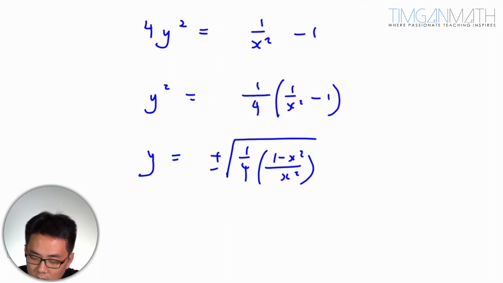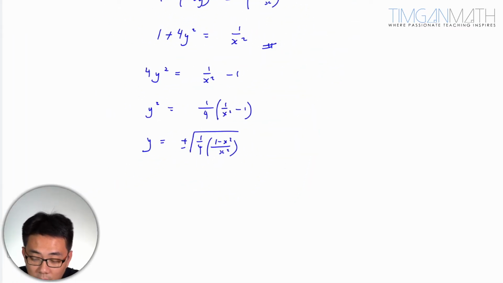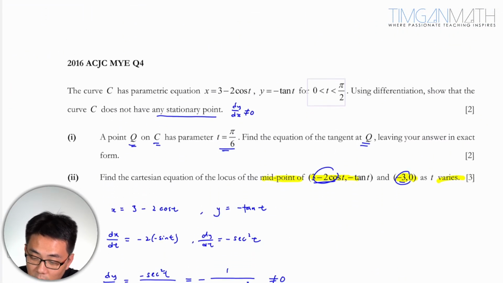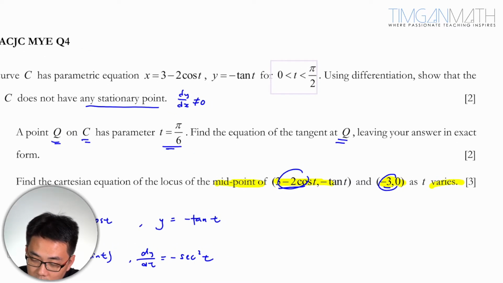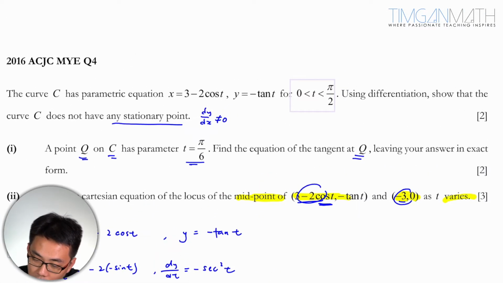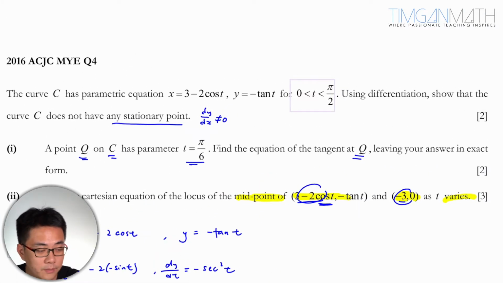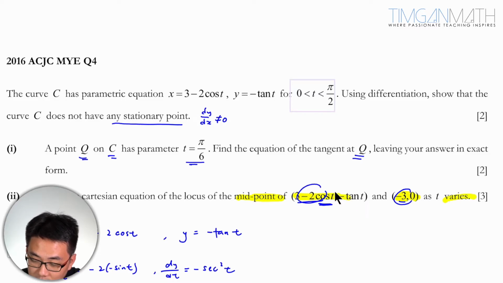Now I need to decide whether y is positive or negative. Look at y here: it is negative tangent t over 2. This is in the first quadrant, right?